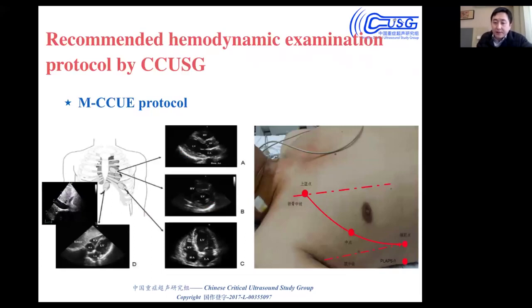We get the views of such points to gather more information about the structure, the function, the flow, and the signs of the lung ultrasound to assess the air and water match of the lung.